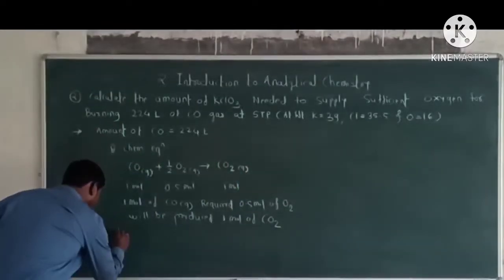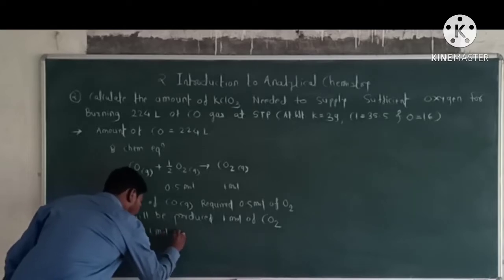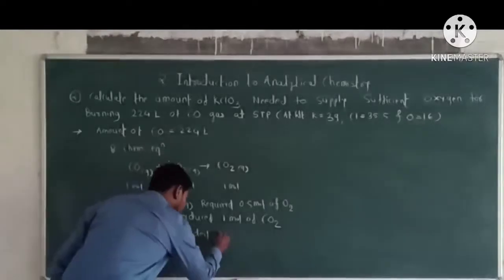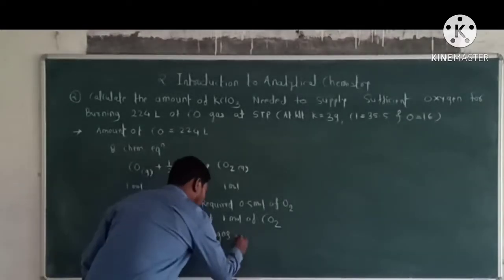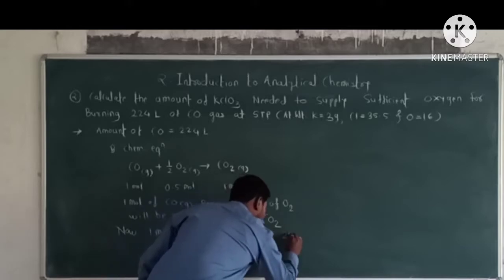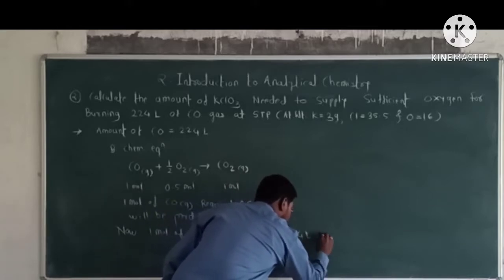Now 1 mole of ideal gas occupies 22.4 liters of volume.